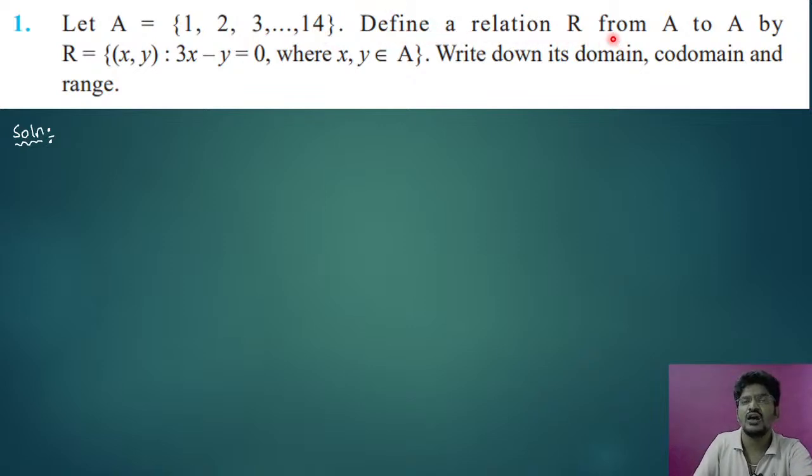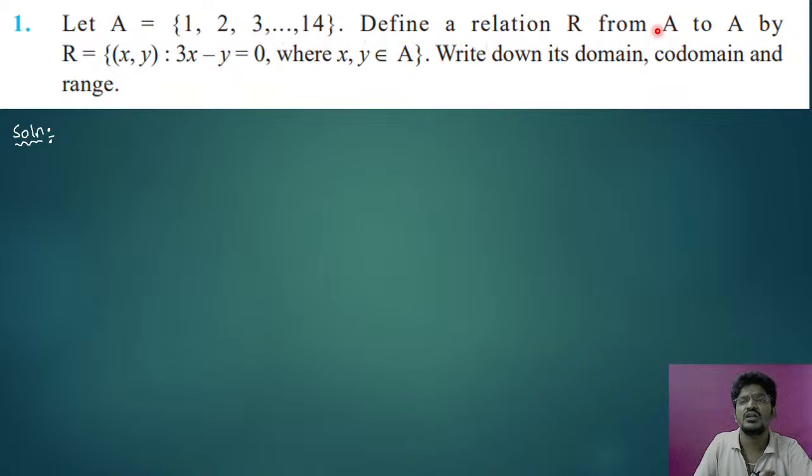Define a relation R from A to A, that means the relation is defined from set A to set A by R equal to the set of ordered pairs (x, y) such that 3x minus y equal to 0, where x, y belong to A. Write down its domain, codomain and range.